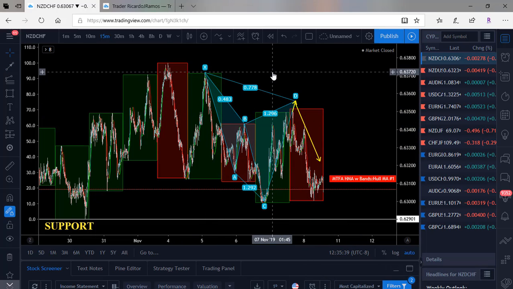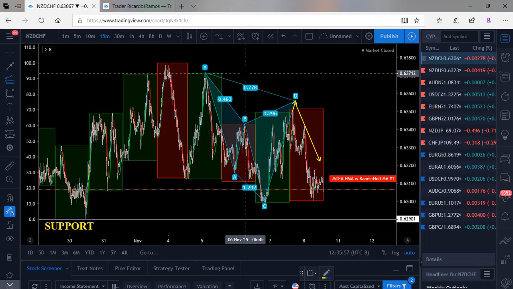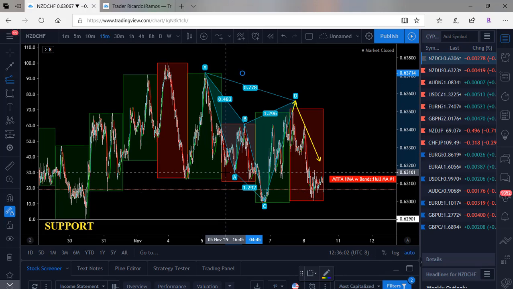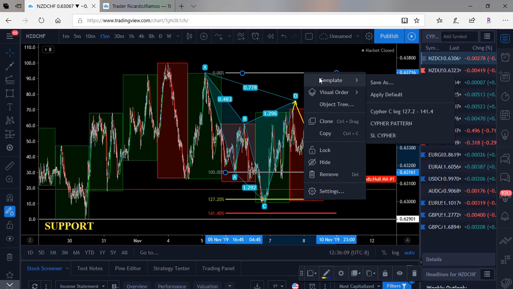Now you are in a position where you are identifying a stop loss. And the way I identify my stop loss is by using the Fib extension from X to A, back to X, and I'm looking for that 113.